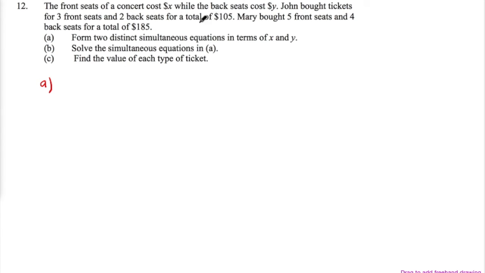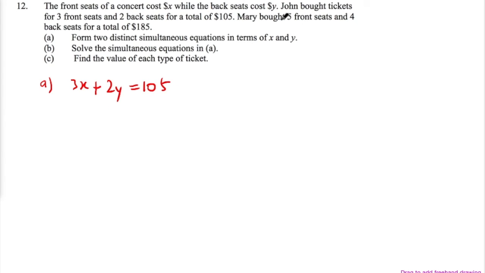We are given that the cost of the front seats and the back seats are x and y, and if we have 3 front seats, the cost will be 3 times x, and 2 back seats, the cost will be 2 times y, and when we add them together, we will get a total cost of 105.